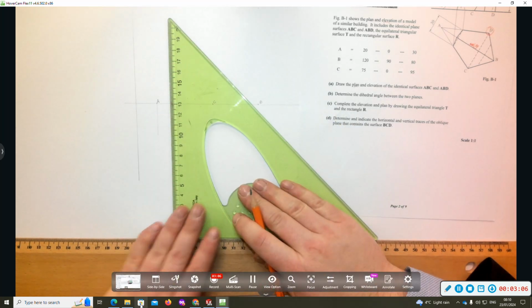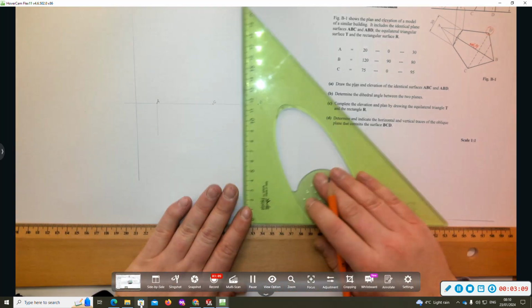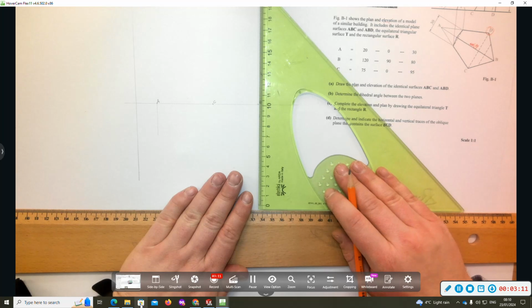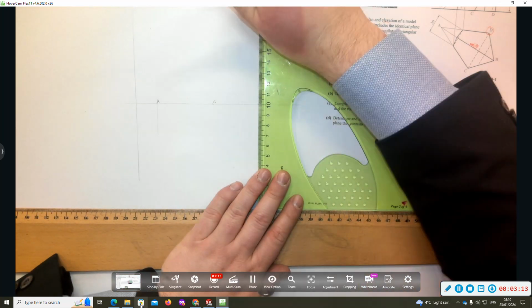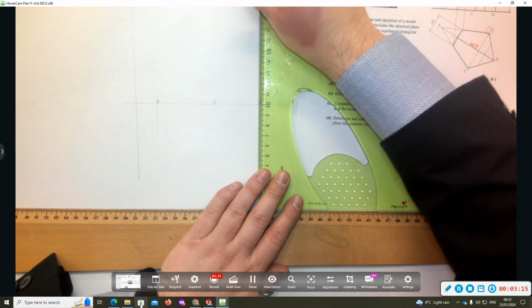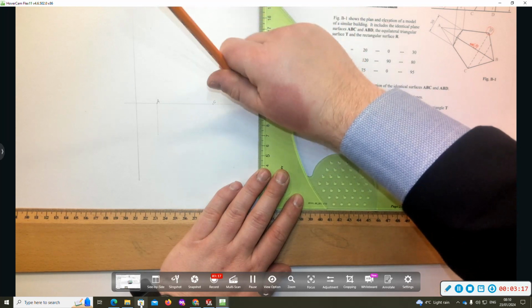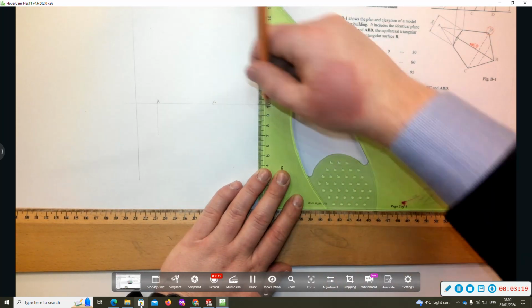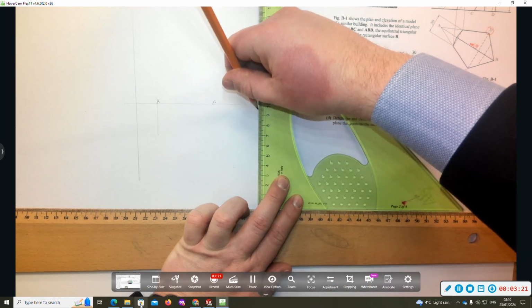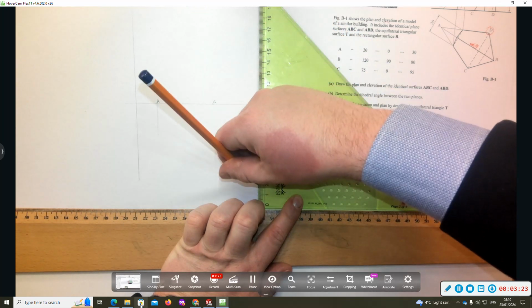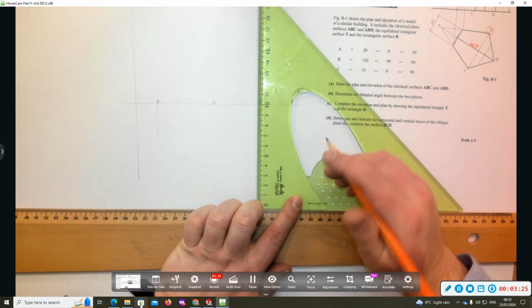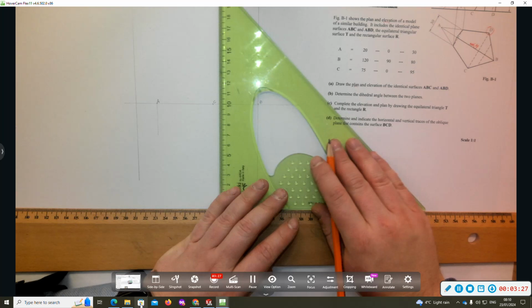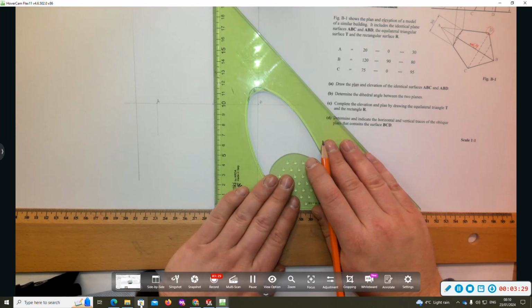Okay, our B coordinate, okay, is up 90. So our B coordinate is up 90 from the horizontal plane. And it's down 80 from the XY line. So out 80 from the vertical plane. Okay, out 80. Now our C coordinate is on our XY line.